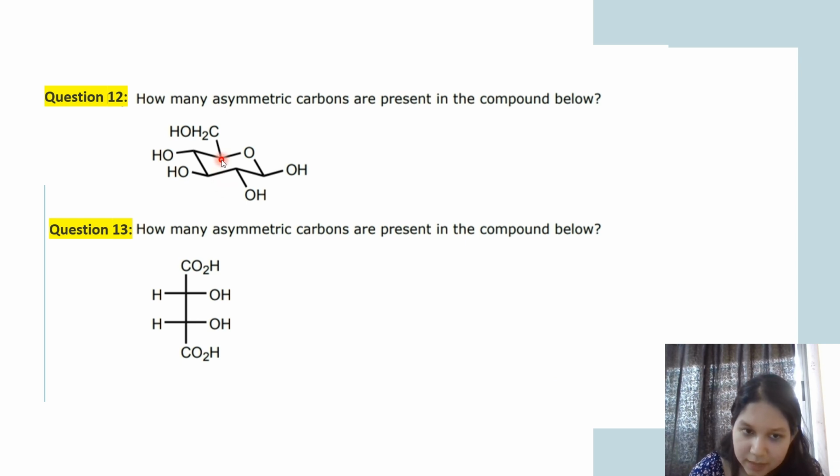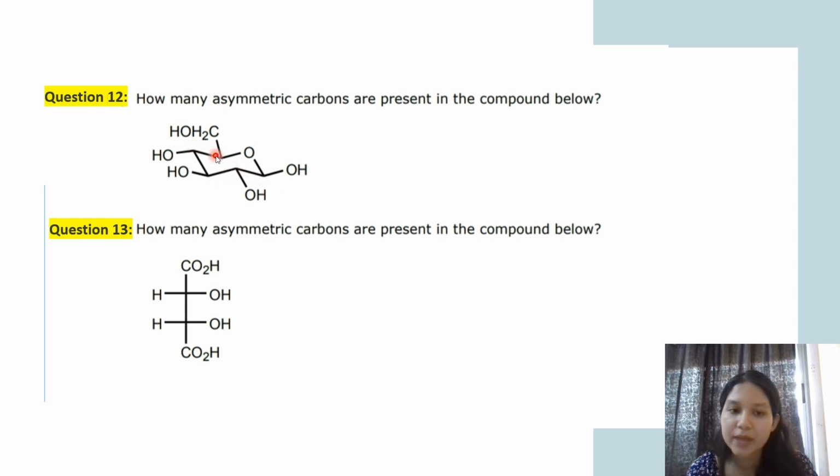So this carbon atom is also asymmetric. Okay. So the answer of this question number 12 will be: the number of asymmetric carbons present in this compound will be 5. Okay, 1, 2, 3, 4, 5.